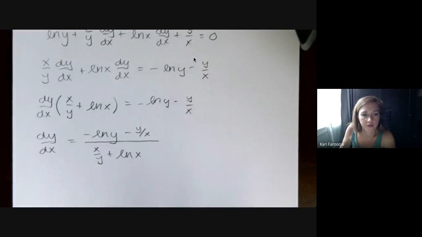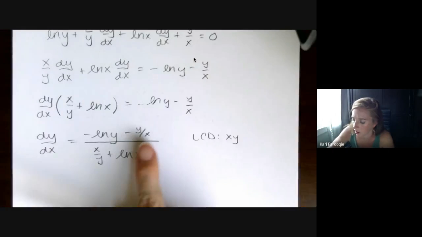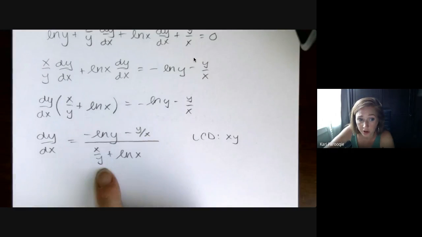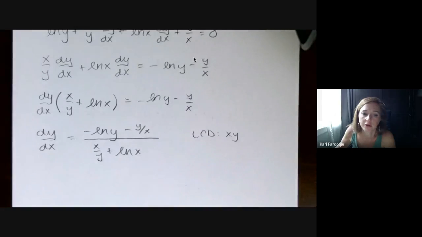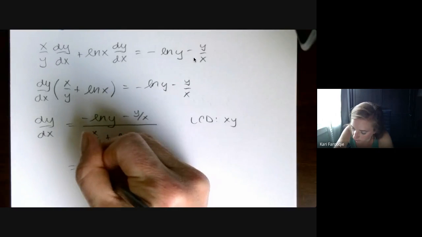And this is almost done. At this point, we just need to simplify this complex fraction by multiplying each term by the LCD, which in our case is x times y. You have an x in this denominator and a y in that one. So I'm going to show each term multiplied by xy.